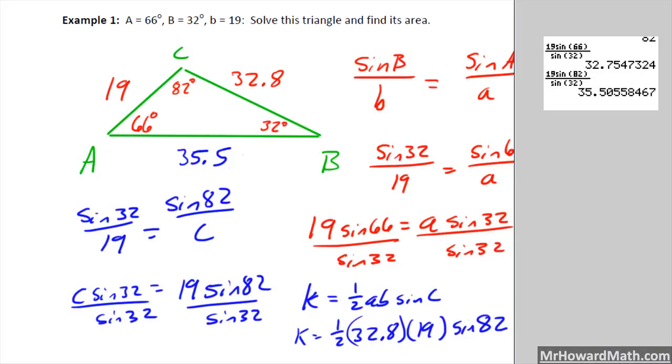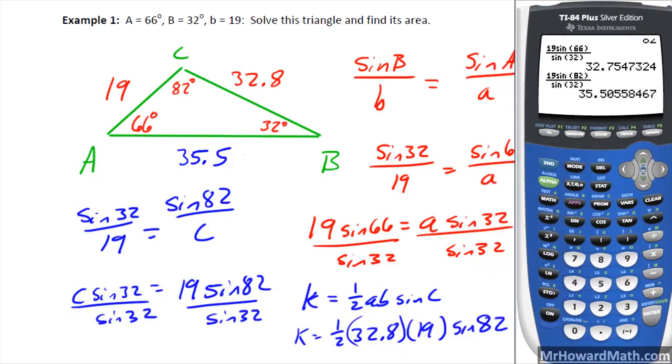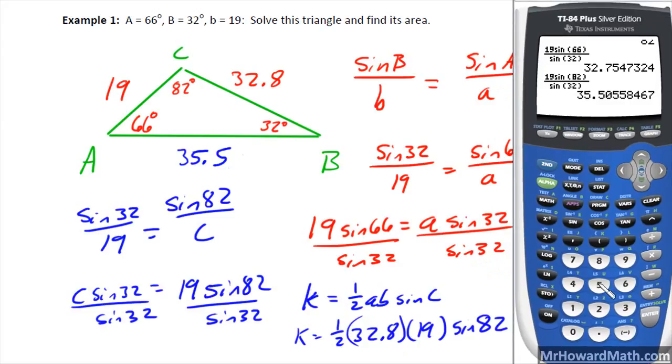So we'll just put that in our calculator now. There we go. So 1/2 in parentheses times 32.8 times 19 times sine of 82.